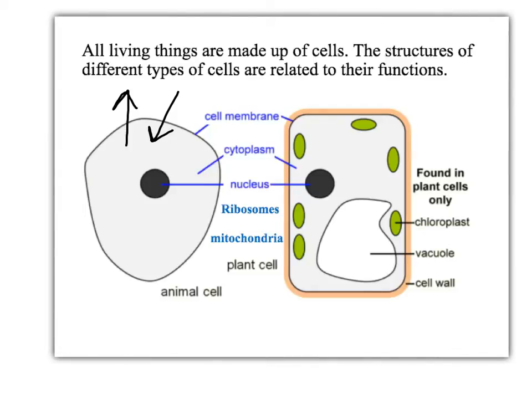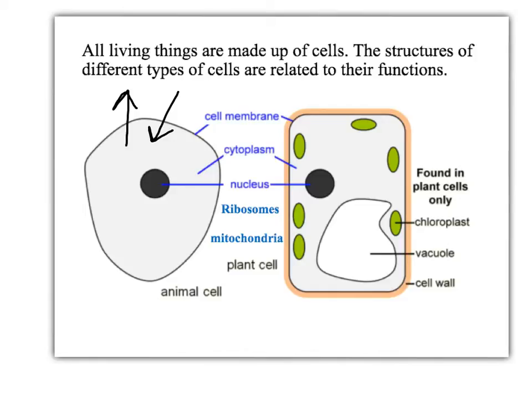We also have the cytoplasm. Now the cytoplasm is this grey area here, and that's the jelly-like substance, and this is where the chemical reactions take place, so things such as anaerobic respiration. They both have a nucleus, so this is where the genetic material is stored. It is also the control centre of the cell, not the brain.